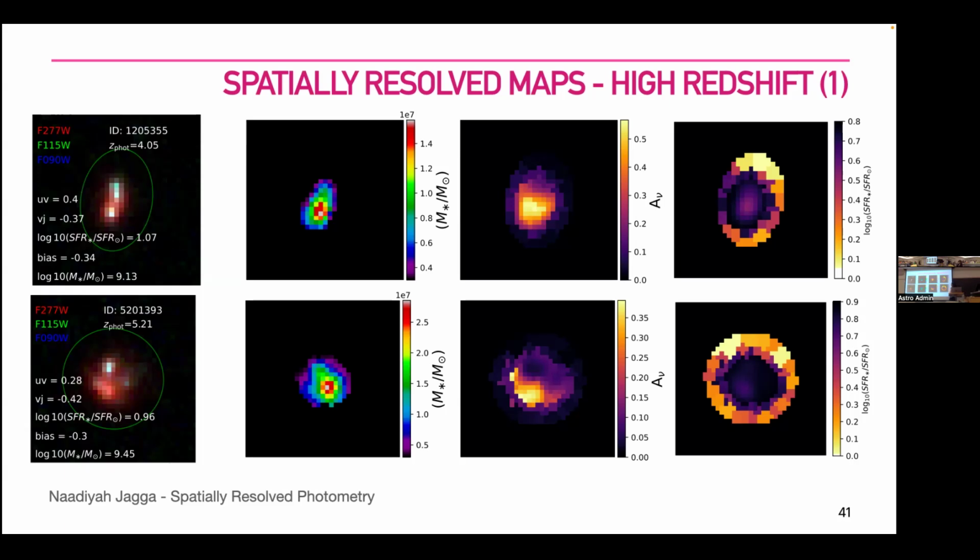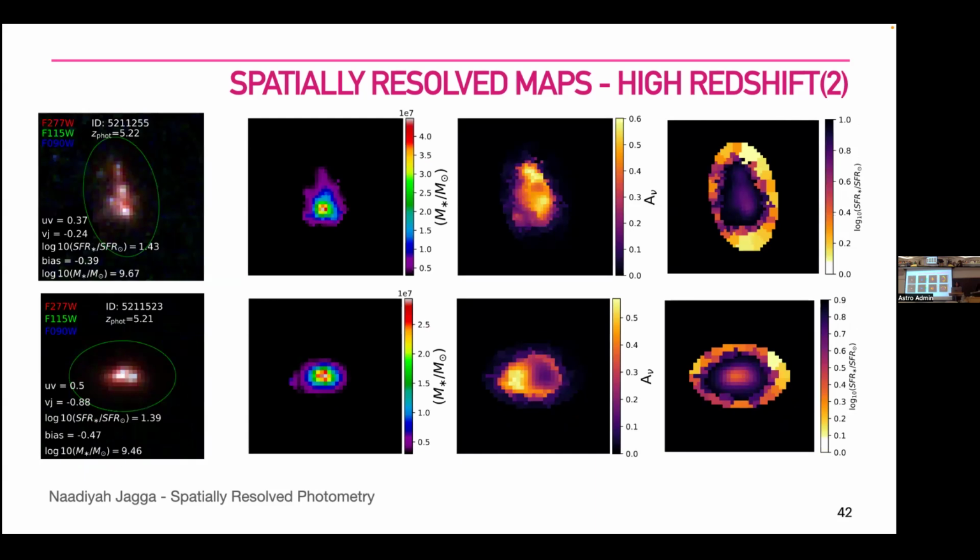And as you can see, there are also dusty patches, which might explain why it has a negative bias, and then in a single aperture, you would miss the stellar mass in these galaxies. Here are a few more.